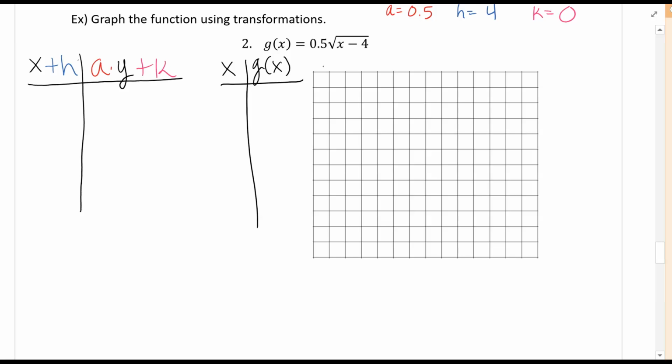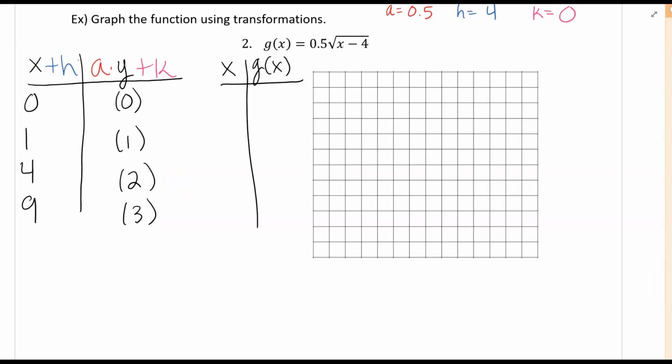The first one is just the coordinate together, so it's 0, 0. The next one's going to be 1, 1. The third one is 4, 2, and the last one is 9, 3.